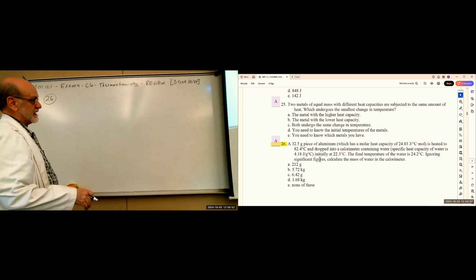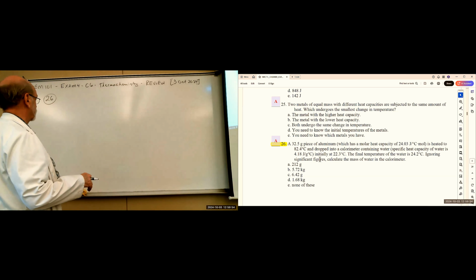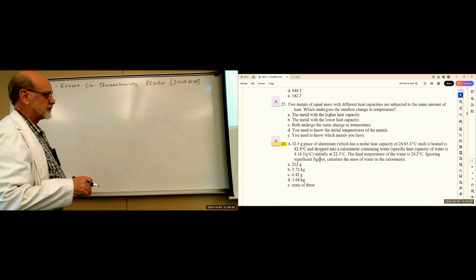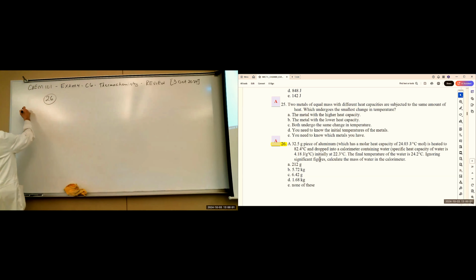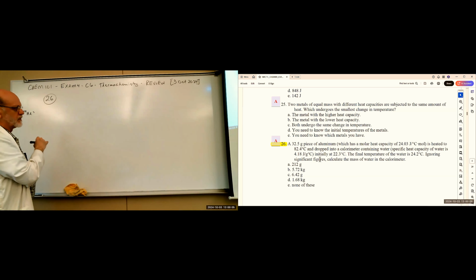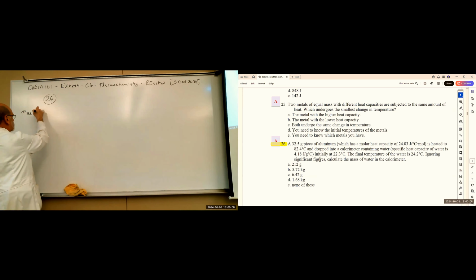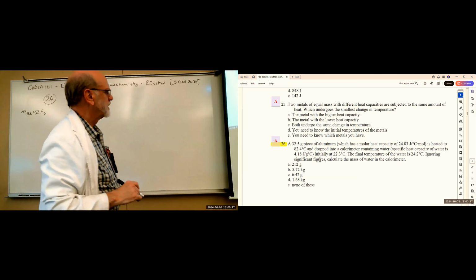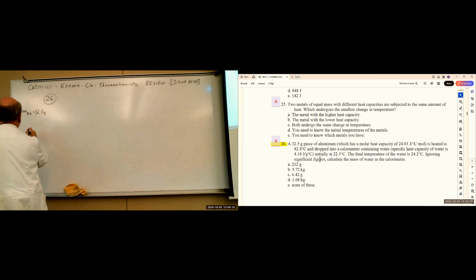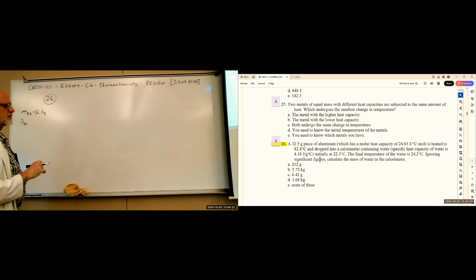Okay. So in this case, let's put what we know up here. The mass of aluminum equals 32.5 grams. And molar heat capacity for aluminum is 24.03. Let's see, should we use S?